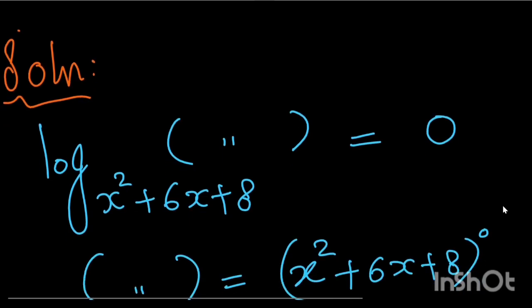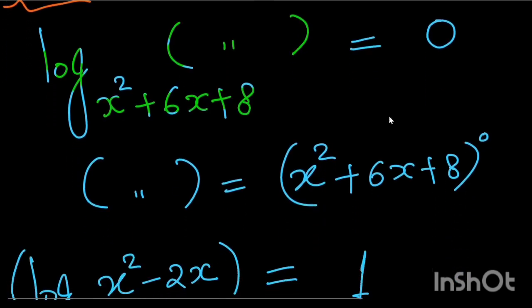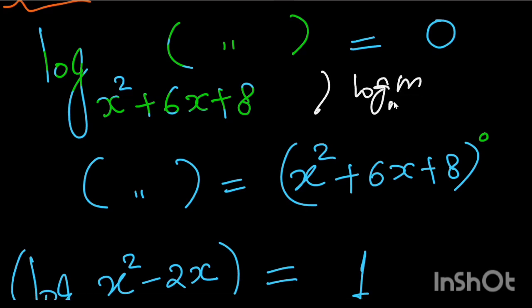As usual, the inside I haven't written. Inside is again some log. The outer log is this, whose base is this. So x square plus 6x plus 8 will go out, it will push 0. What we are using is log m base n equals a means m is equal to n to the power a. Now this becomes 1.